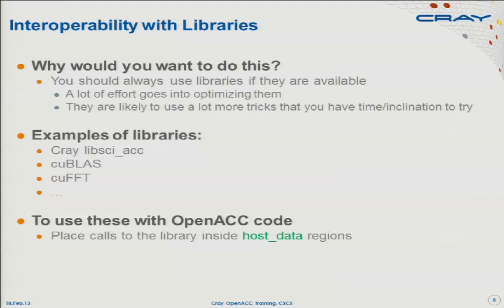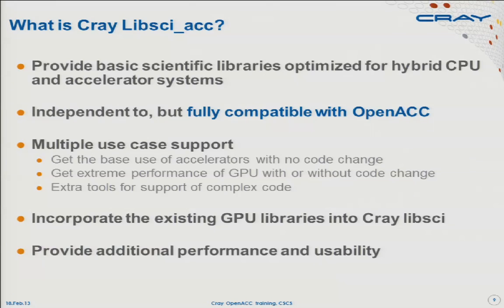And the other thing is to do with calling libraries. Because if there's libraries, use them. Because you might be able to do better than the library writers, but you'll have to work very hard. One example of libraries, Cray has their own accelerated library called libsci ACC. Well, if you're American, you call it libsci ACC.